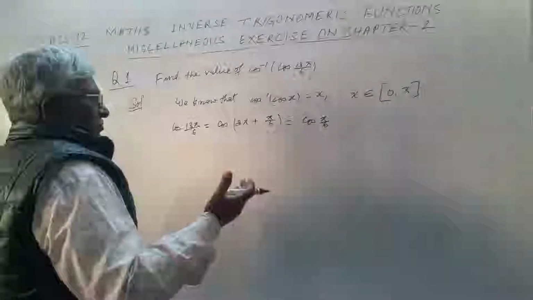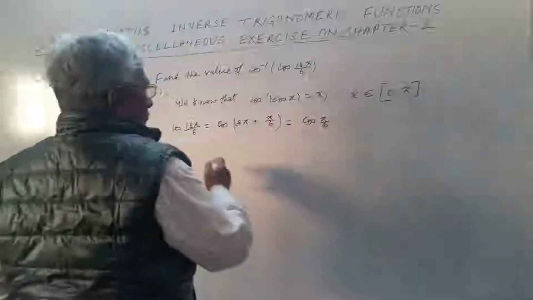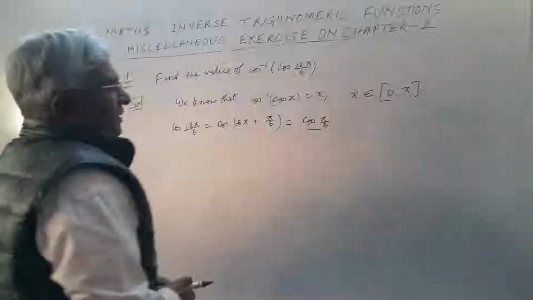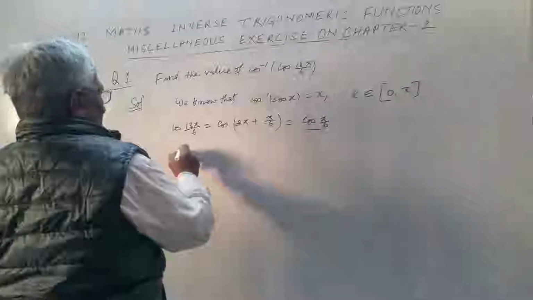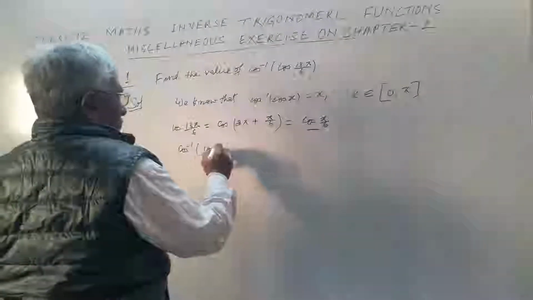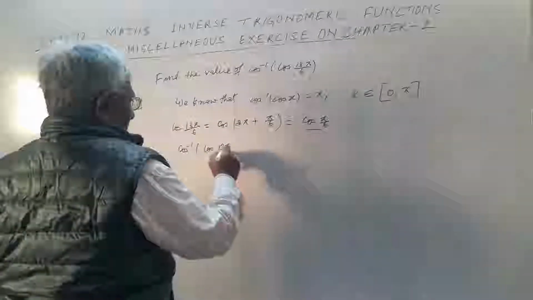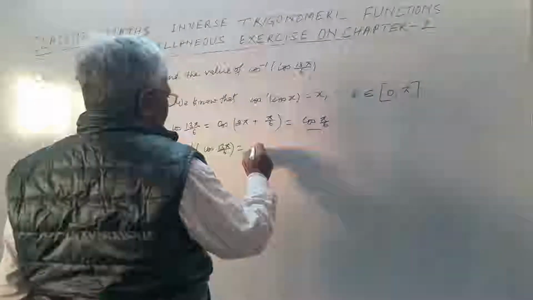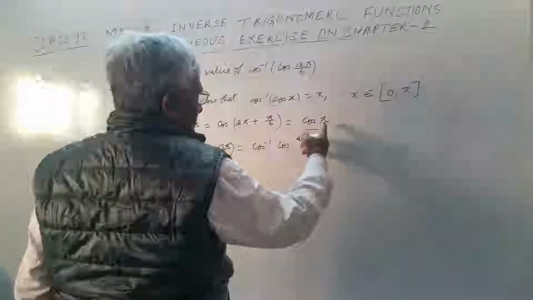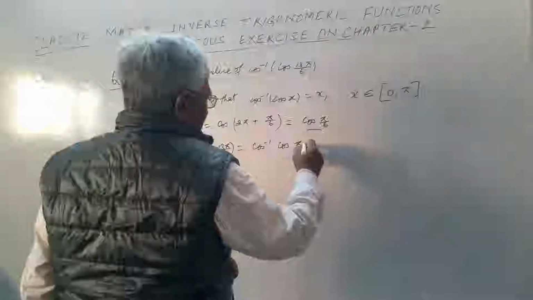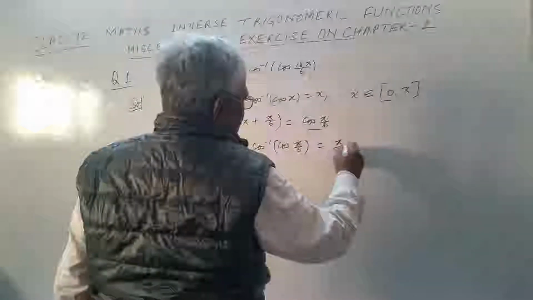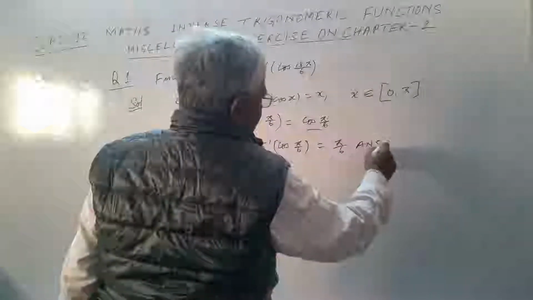Now you can use the previous formula, since pi by 6 is in between this range. So cos inverse of cos 13 pi upon 6 is equal to cos inverse of cos pi by 6, which means pi by 6. This is the answer.